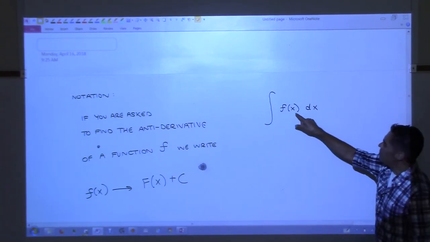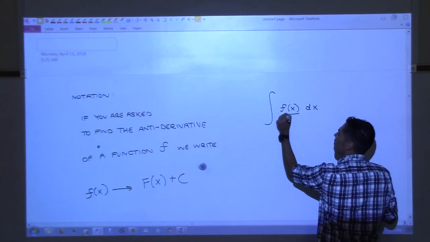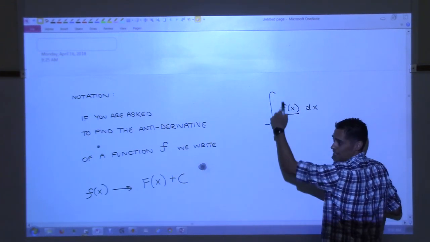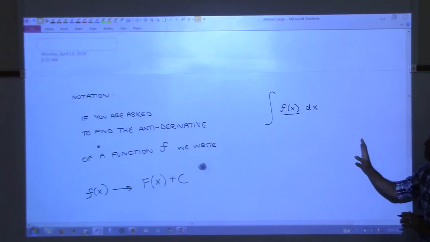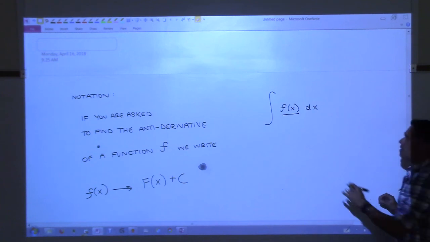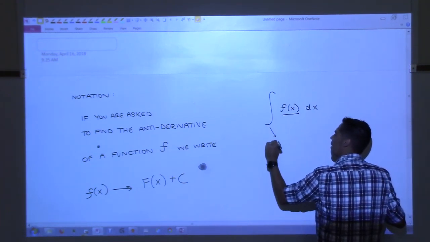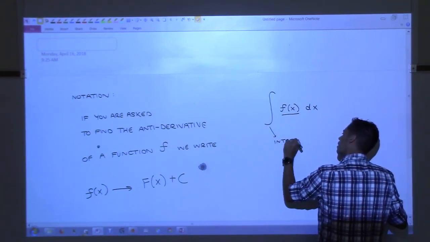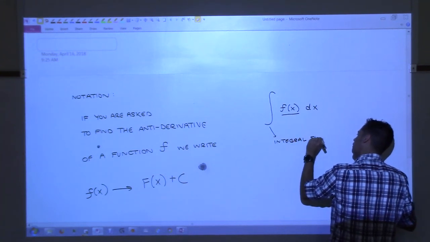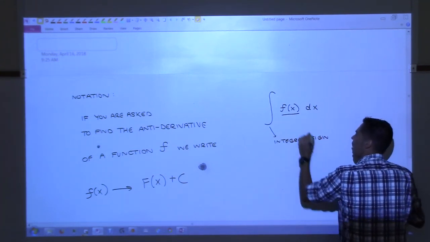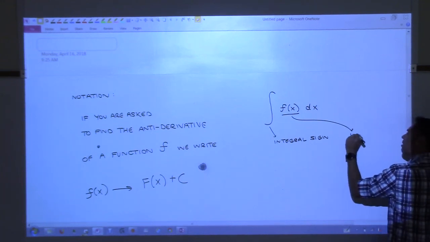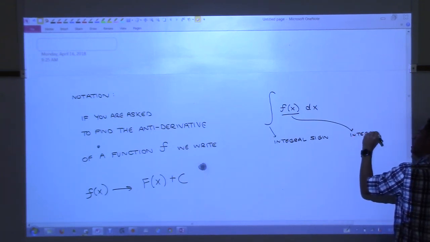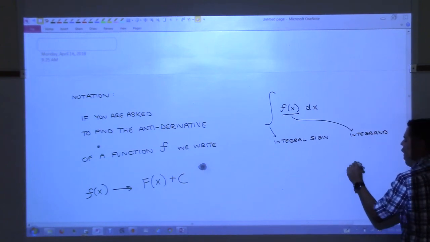It means, hey, here's your function f of x. This means find the antiderivative of it, okay? The dx, I'm going to explain where it all comes from, but this is the notation we use to let you know to find the antiderivative. So this symbol is called the integral sign. Of course, this is the function you're going to find the antiderivative of. That's called the integrand. It's kind of like when you did radicals.